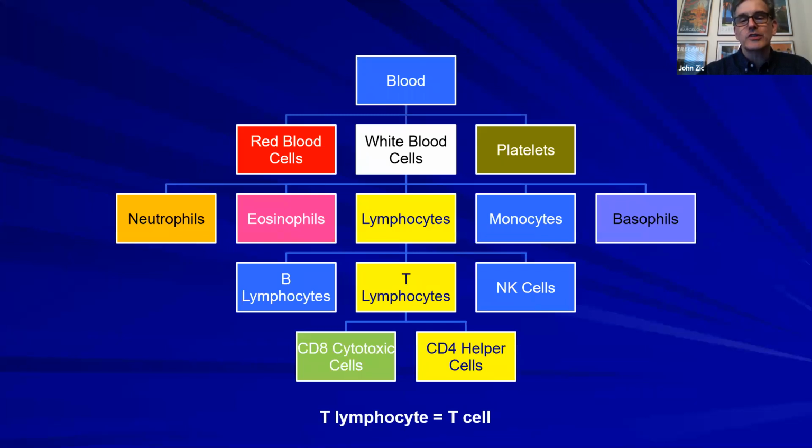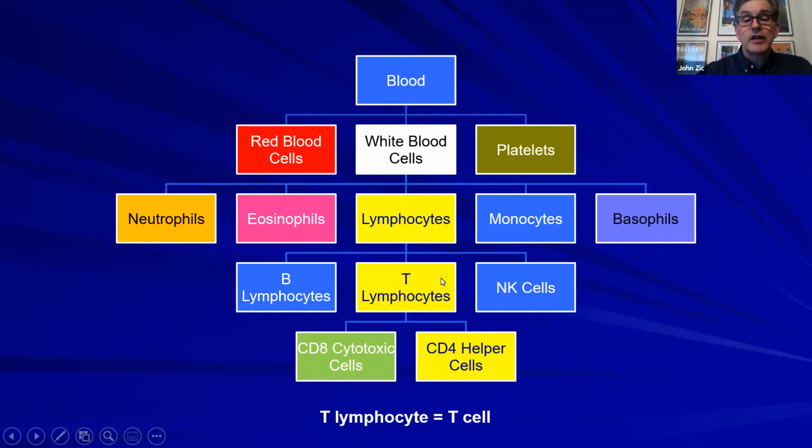They're kind of like the first responders of our immune system. But the T lymphocytes, there are many different kinds, but the two major kinds that you should probably be aware of are called helper T cells and cytotoxic T cells. And when we talk about a T cell, that term is synonymous with T lymphocyte.